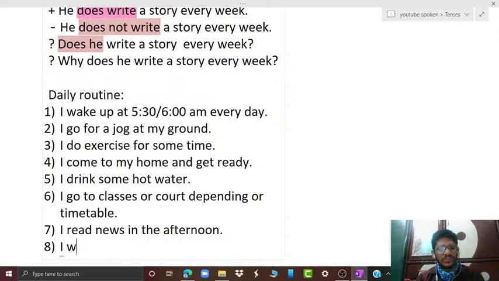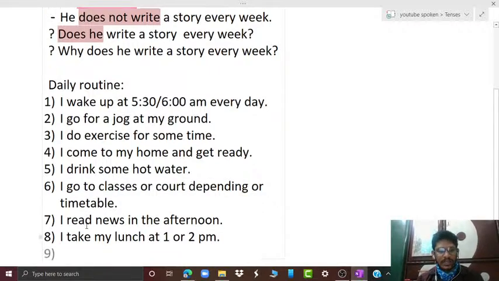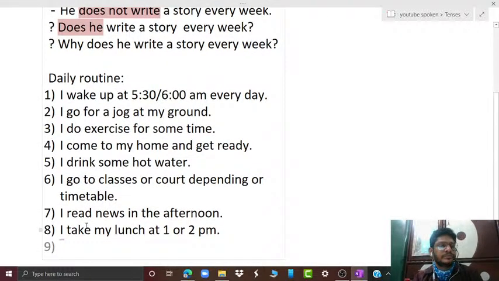Generally I watch news in the evening, but I don't want to write it now. I want to go time by time. In the afternoon I take my lunch at 1 or 2 p.m. So I take my lunch at 1 or 2 p.m.